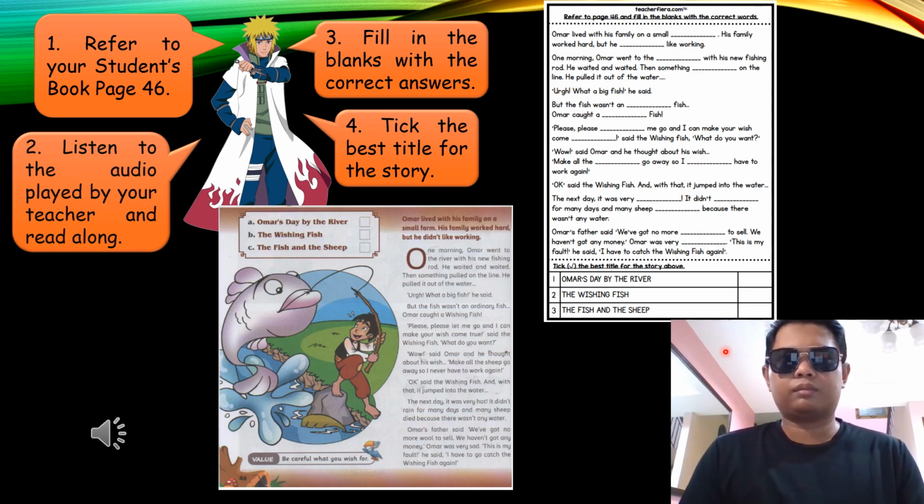It didn't rain for many days, and many sheep died because there wasn't any water. Omar's father said, "We've got no more wool to sell. We haven't got any money." Omar was very sad. "This is my fault," he said. "I have to go catch the wishing fish again."